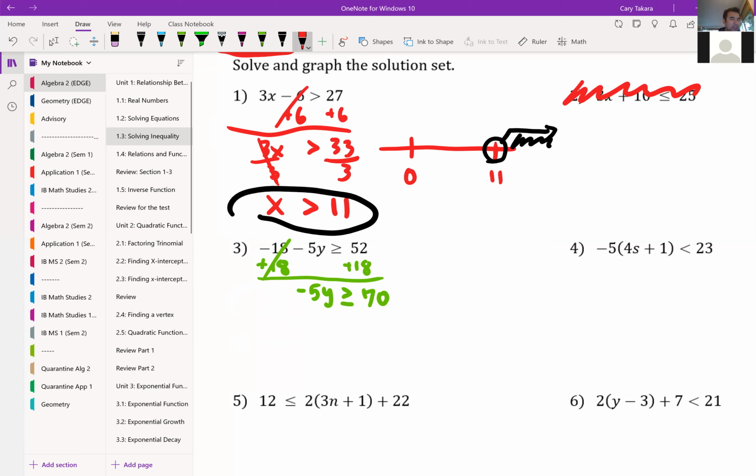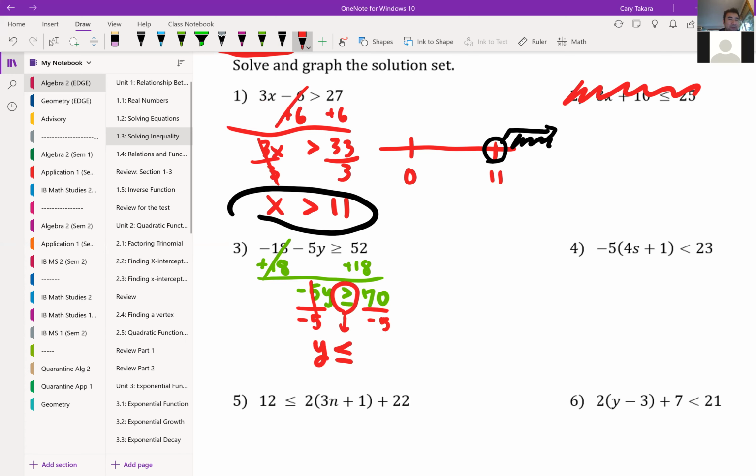Okay. Now what do we do next? You're going to divide both sides by negative 5. Now what do we do when we divide both sides by a negative number? You're going to flip the inequality. So for this one, number 3, you have to flip the inequality to less than now.